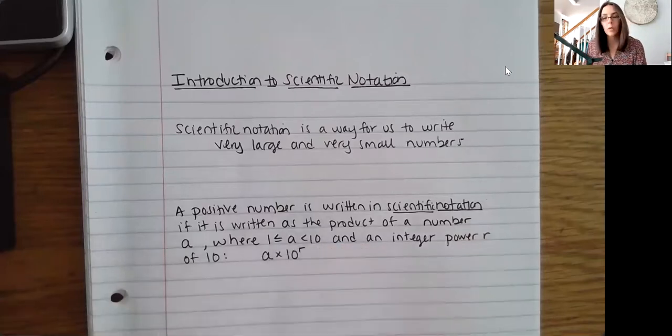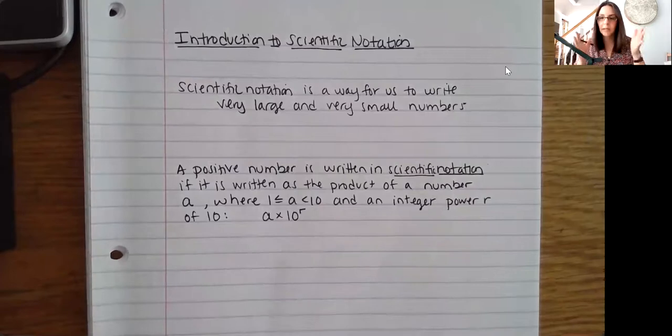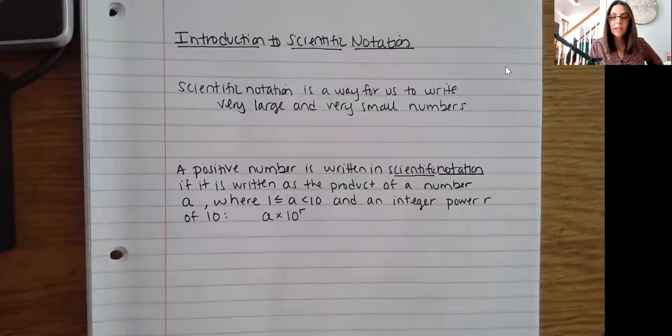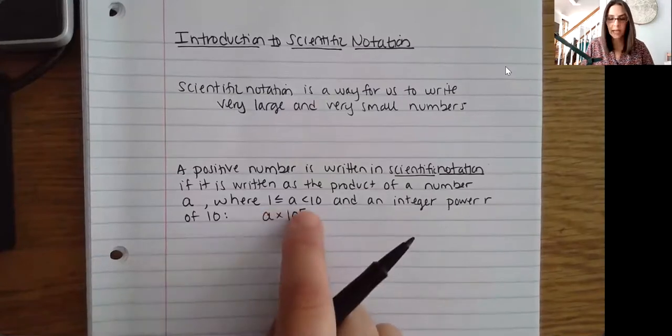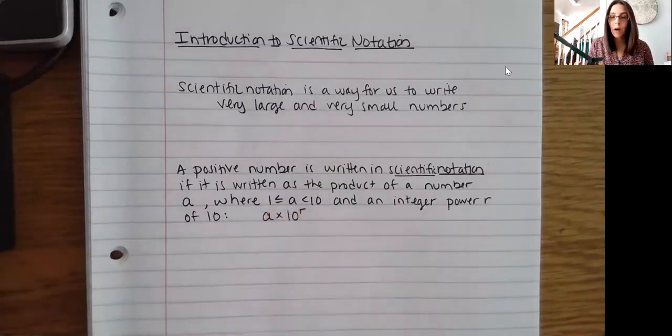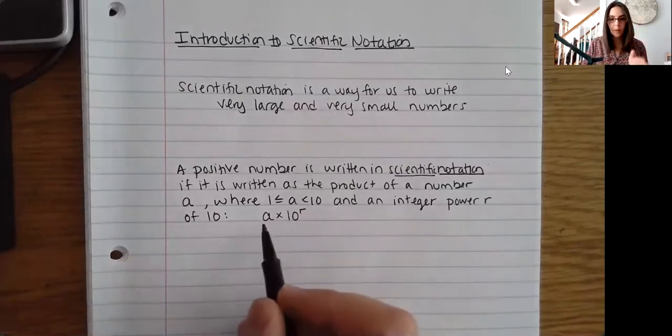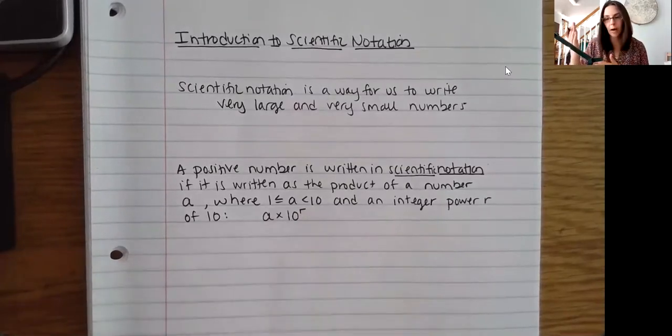All right. So here's the definition. It sounds quite complicated. It's really not as bad as it sounds. So it says a positive number is written in scientific notation if it is written as the product, so meaning multiplication, of a number A, where A is between 1 and 10. It includes 1, but excludes 10, and an integer power R. So in scientific notation, the number looks like this. It's a number times 10 to some power.